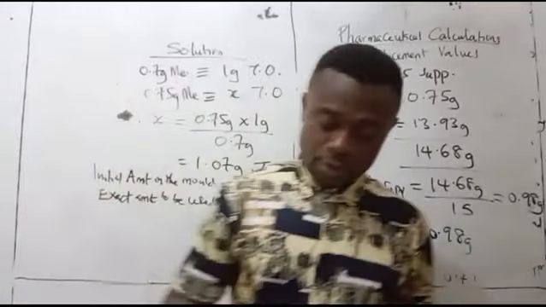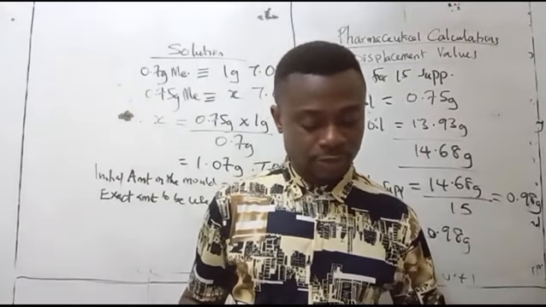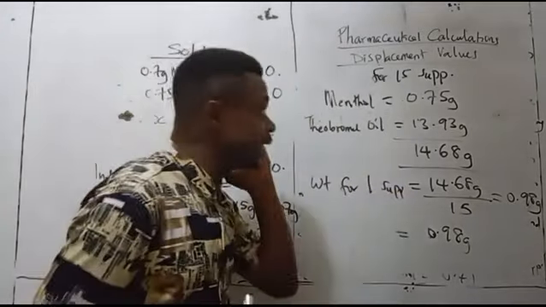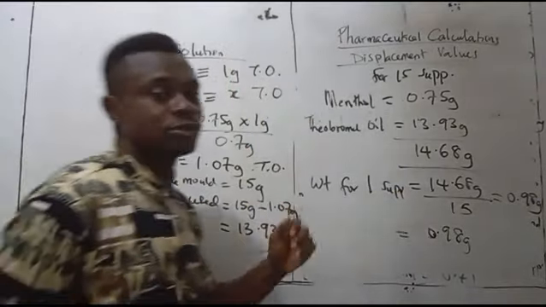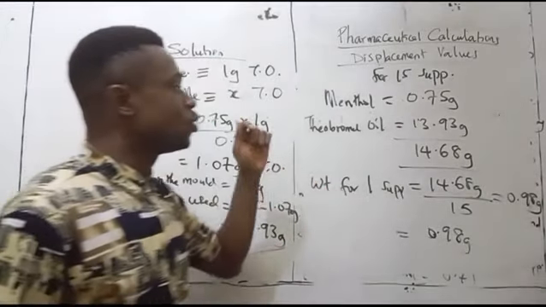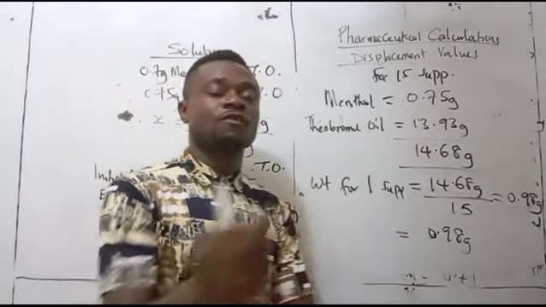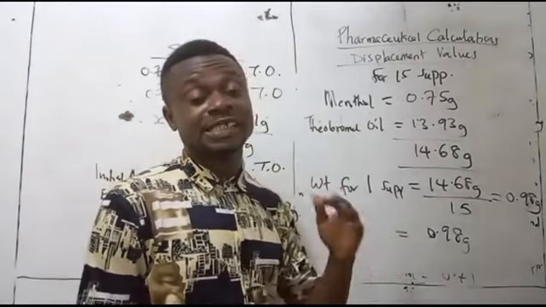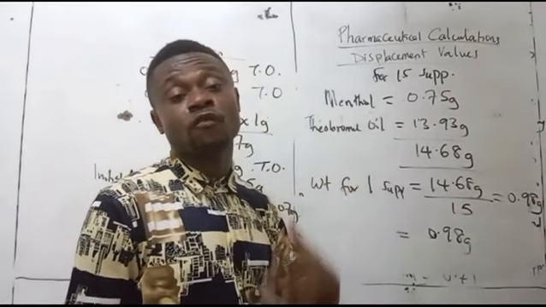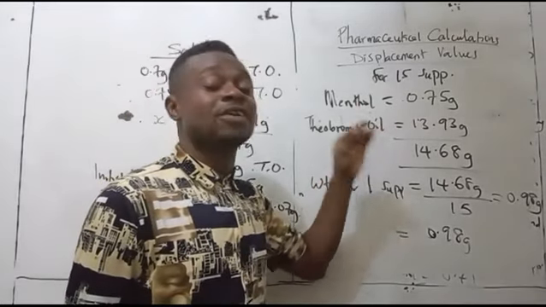So for today we have actually succeeded in introducing displacement values and solving questions that have to do with when the displacement value of the active ingredient is less than 1 and when it's above 1, and the implication.